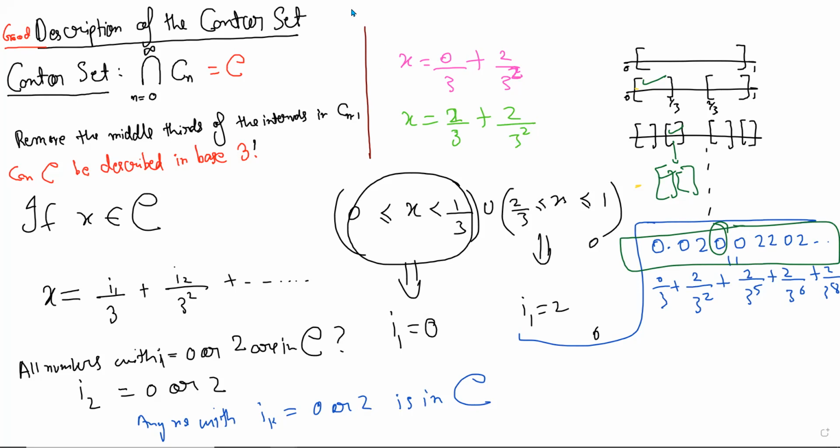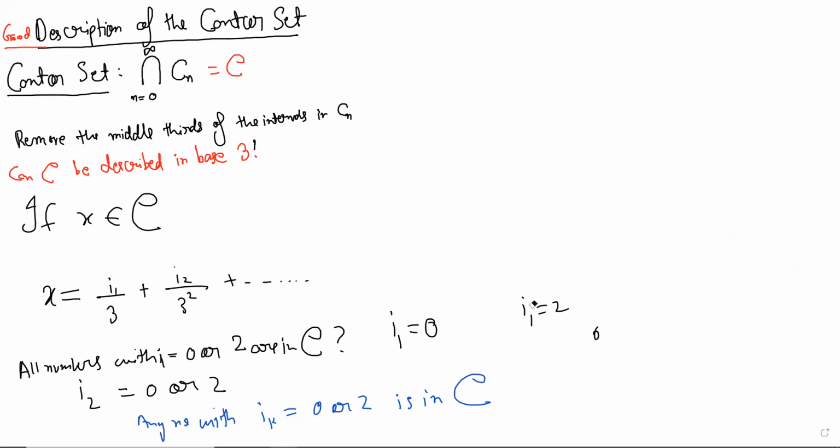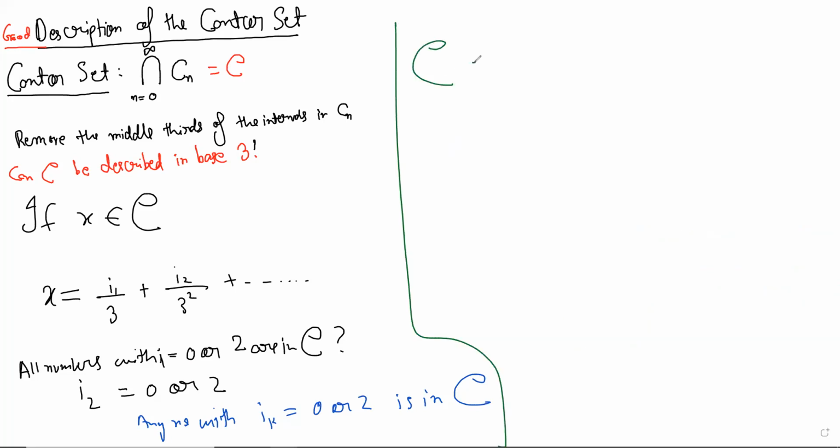So what does this say about the Cantor set? C is basically the infinite sequence of zeros and twos.